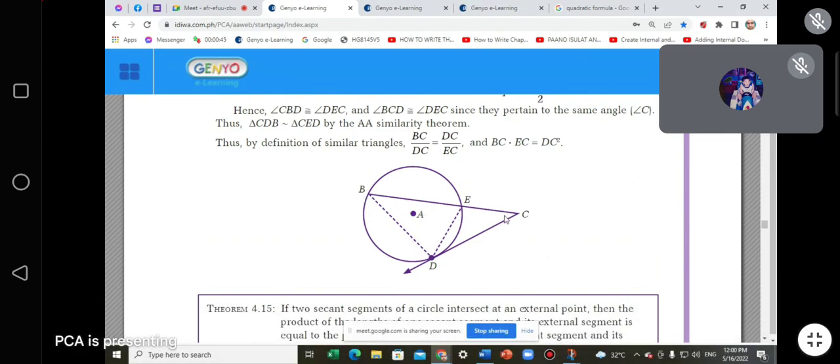Not B to E, the formula would be wrong. It's point B to point C. That is BC, the whole secant segment, times just the part of the secant segment, which is the external one, this one. Easy. External secant segment, remember that.